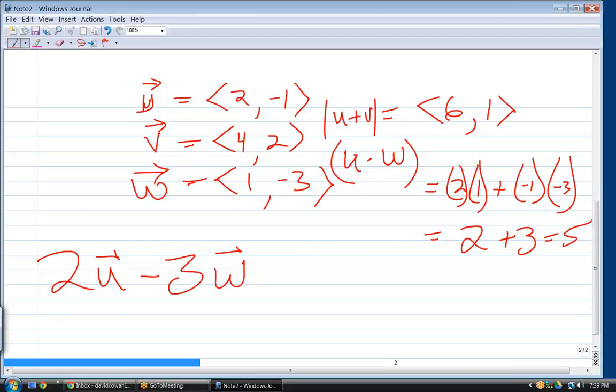So this becomes (4, -2) minus (3, -9). Subtract the individual components. What do you get? You definitely get a vector, not a scalar. What is the vector? That'd be (1, 7). Correct.